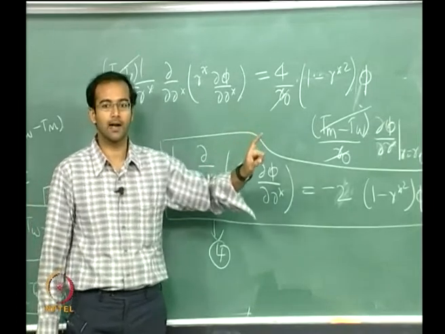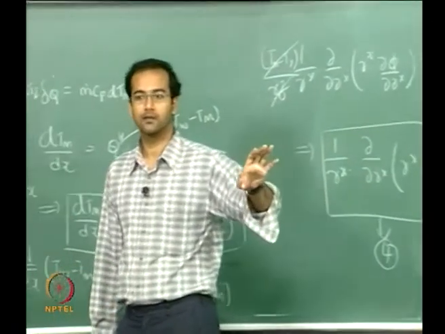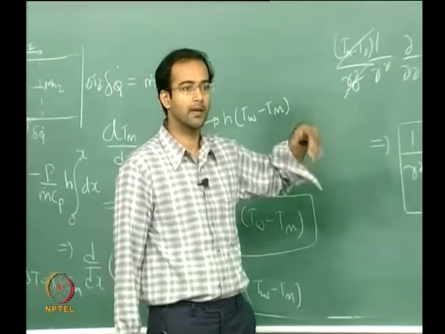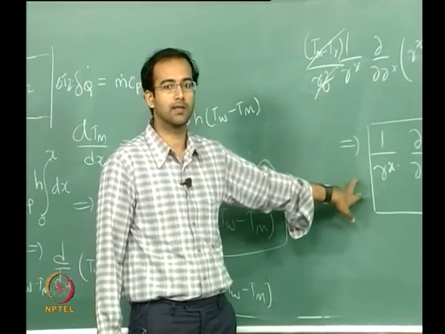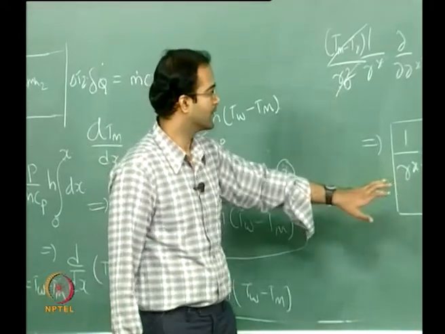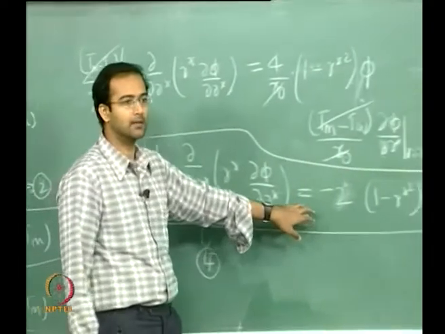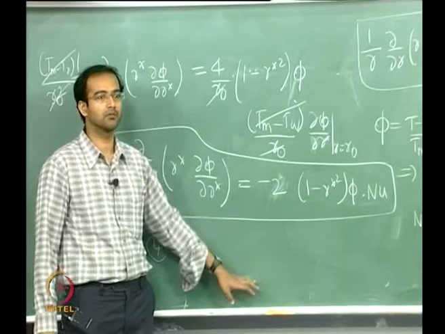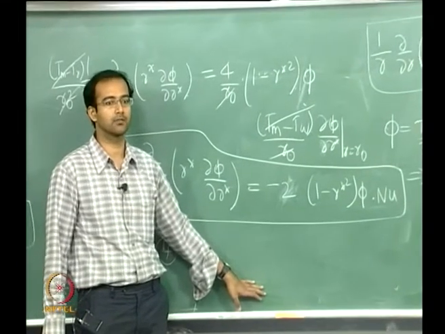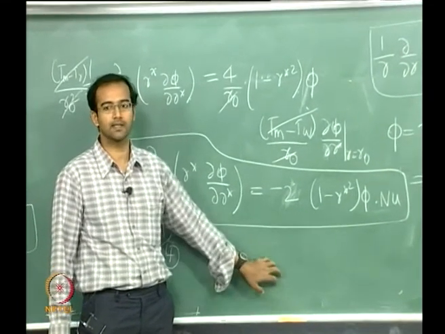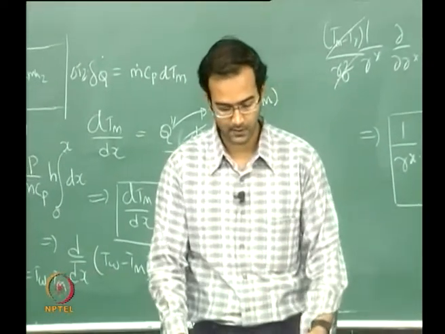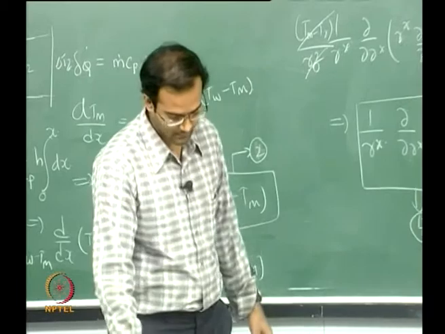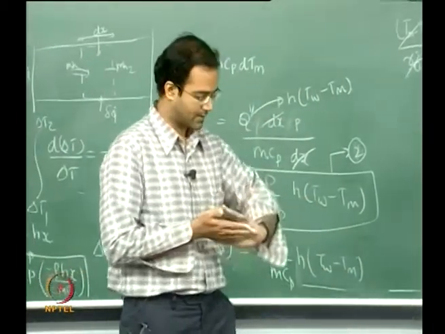Earlier I had a partial differential equation, and now I have reduced it by manipulation and non-dimensionalization to an ODE in r, which is of course a higher order ODE. I can break it up into two first order ODEs and use the shooting method. We will see that in the next class. I will just give a summary of the shooting method, which you are already used to, to solve this equation, okay.